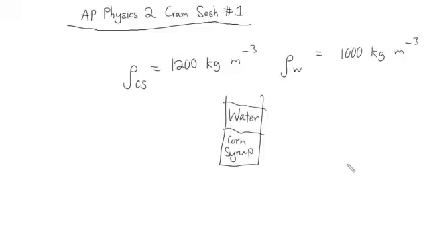Not accounting for surface tension, which is not really taught in this class, but that's something else that I might get to eventually. I don't know. Anyways, so water would float above the corn syrup since it is less dense. The corn syrup would sink since it's more dense. That's why ships float, because a ship is heavy, but it's also huge, so there's a lot of mass.